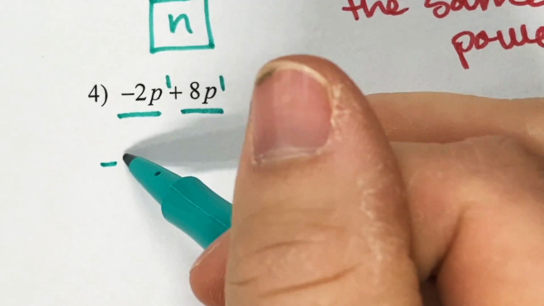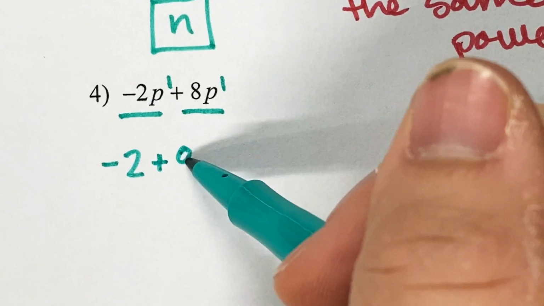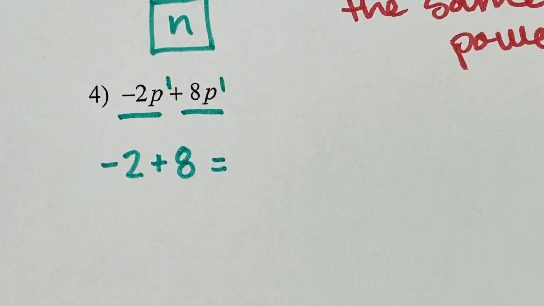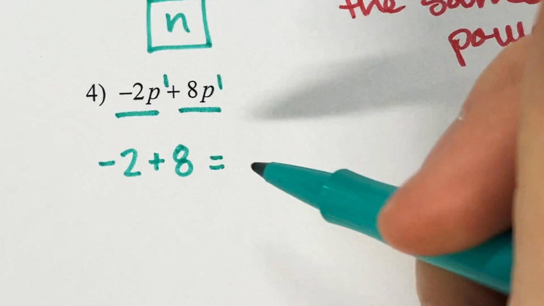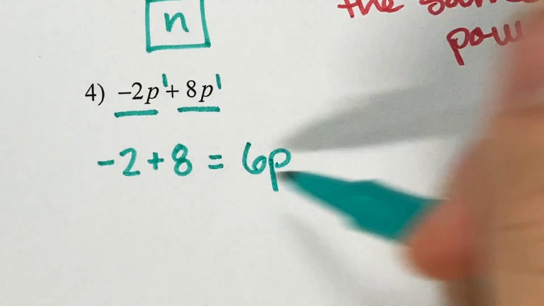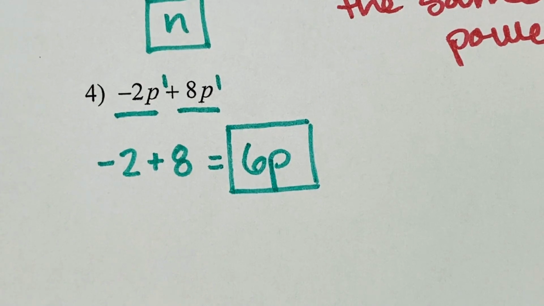So now we can just say I have negative 2 p's, and I'm adding 8 of them. How many do I get? What is negative 2 plus 8? That is going to give me a positive 6, and then add your variable. So positive 6p to the power of 1, which is just 6p. Beautiful.